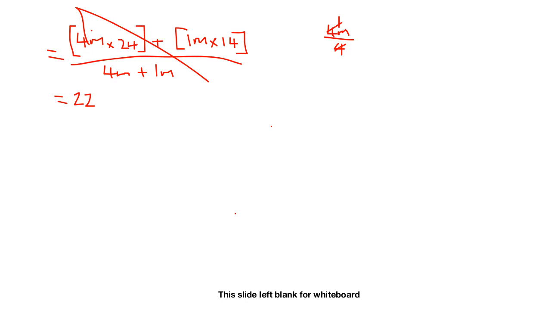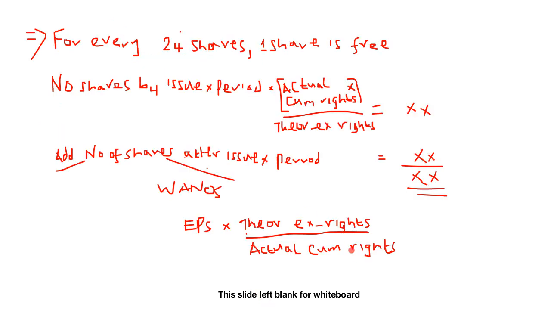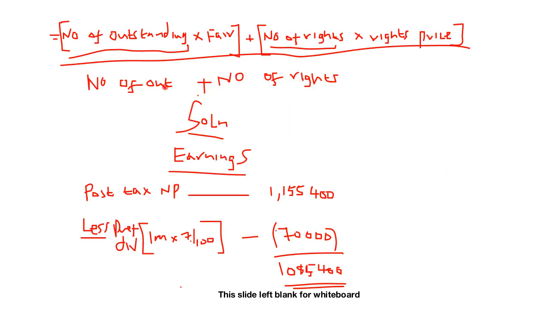We move on. Next, step 3, we get now the weighted average number of shares. This is the third step. Remember, it is the next slide there.